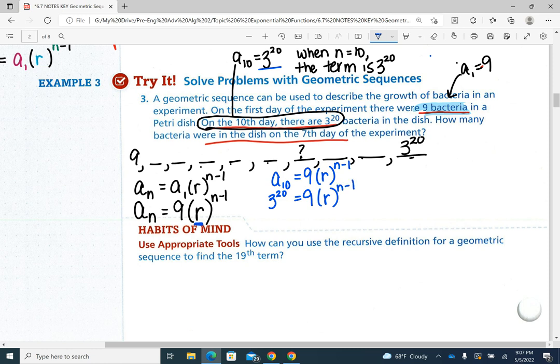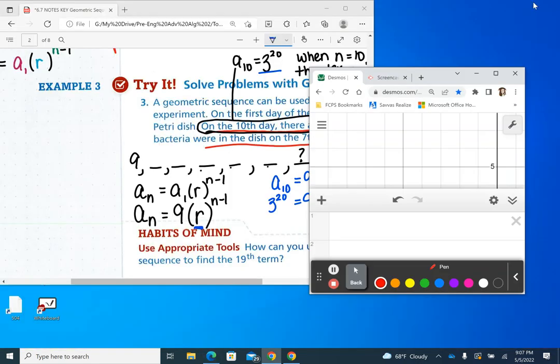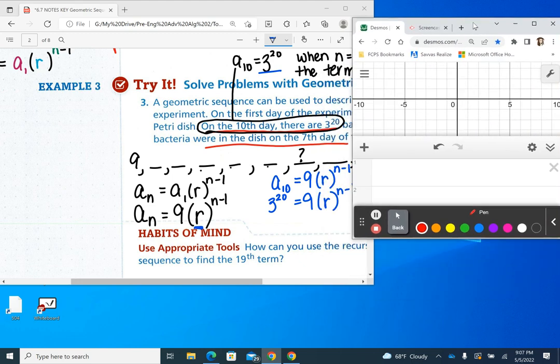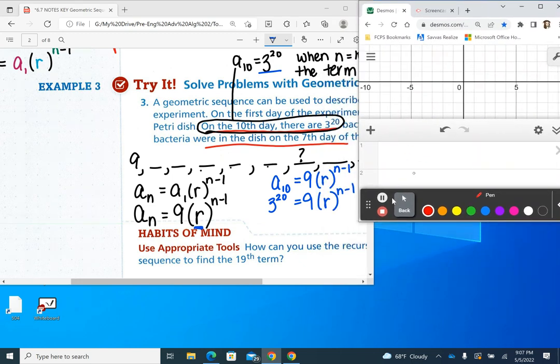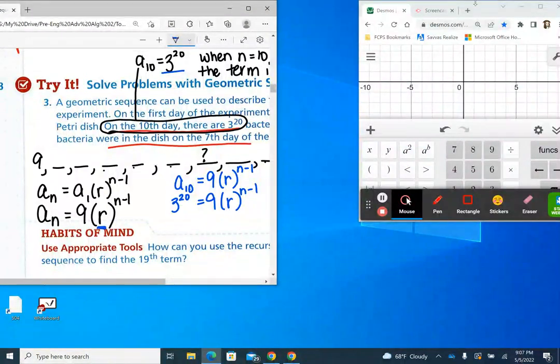And here I have a nice little exponential equation. To solve this, I can divide both sides by 9. So I'm going to pull my Desmos calculator over here to help me solve it. To solve my exponential equation, I need to isolate the exponential part first.